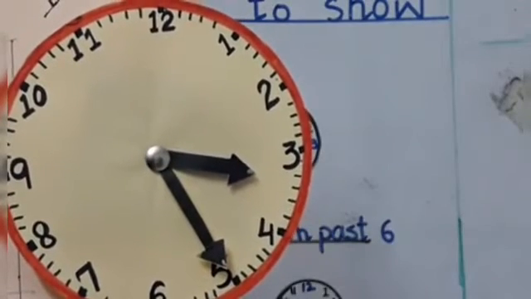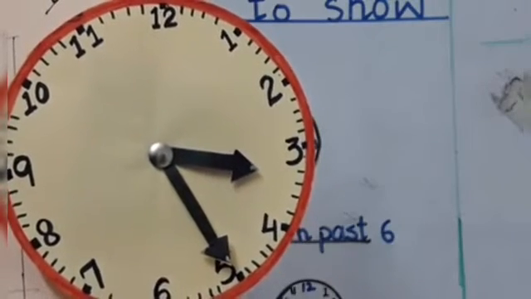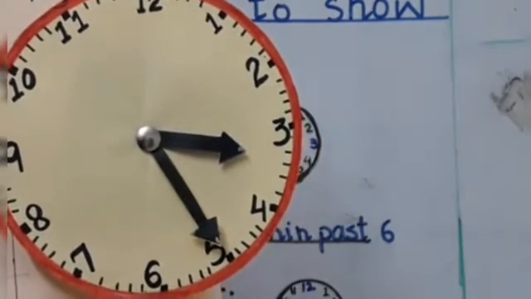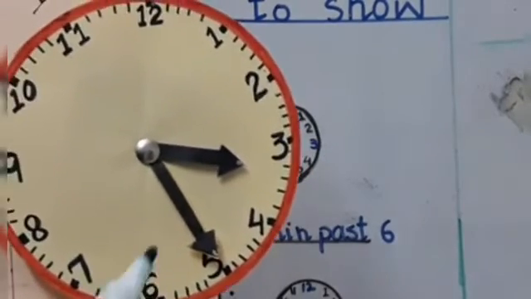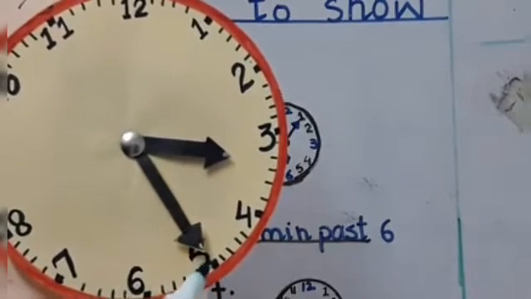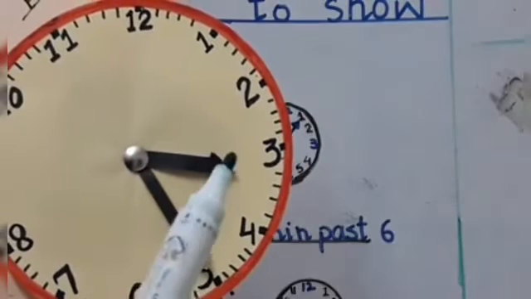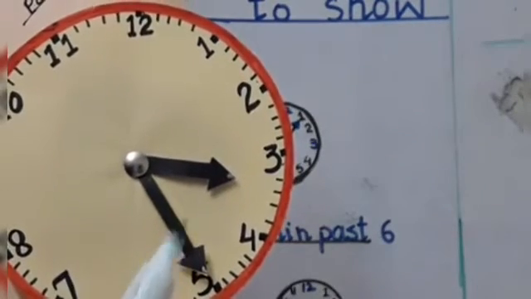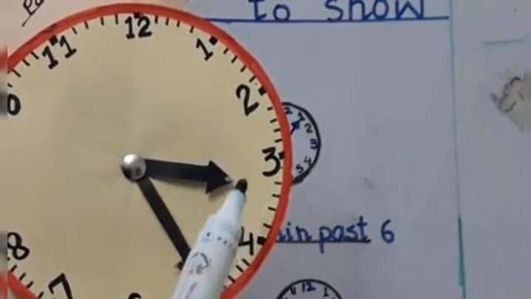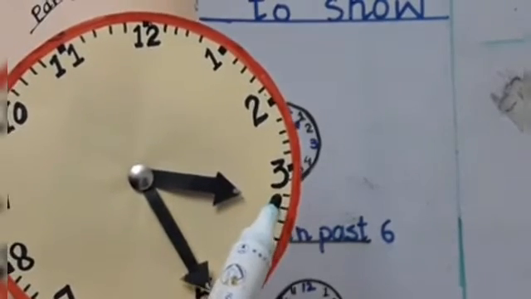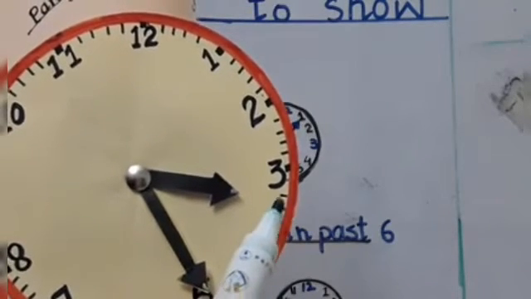Beta, the next time is 3:25. You can see 5 times 5 is 25, so the minute hand is on 5. This is the minute hand on 5; 5 fives are 25 minutes. Now, after 3 o'clock, 25 minutes have passed, so the hour hand also moves some steps forward, 1 or 2 steps.